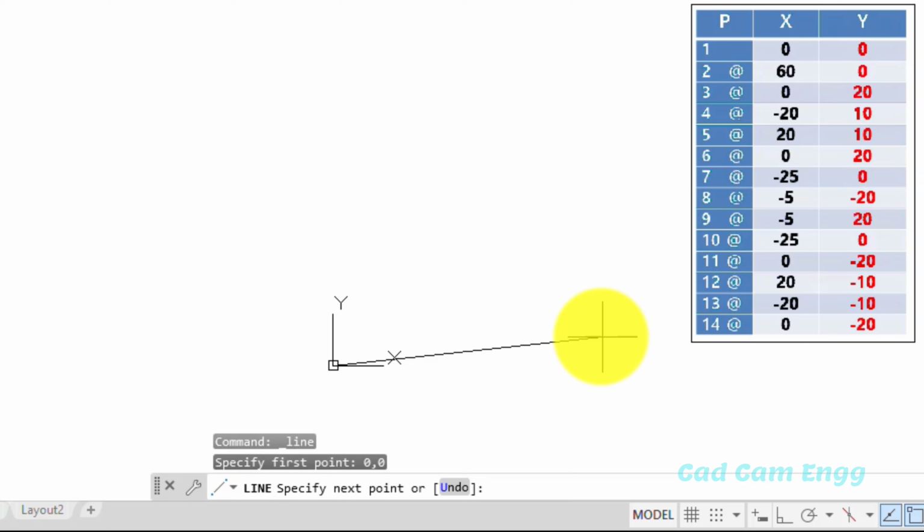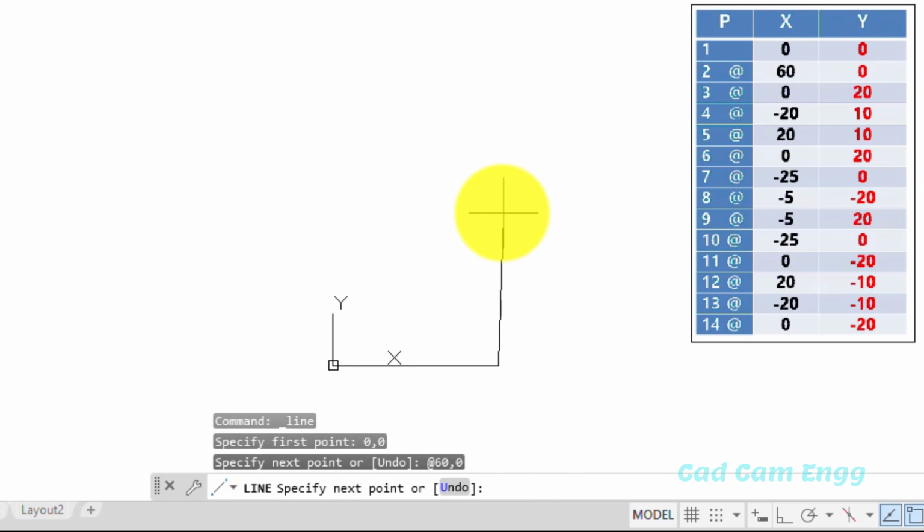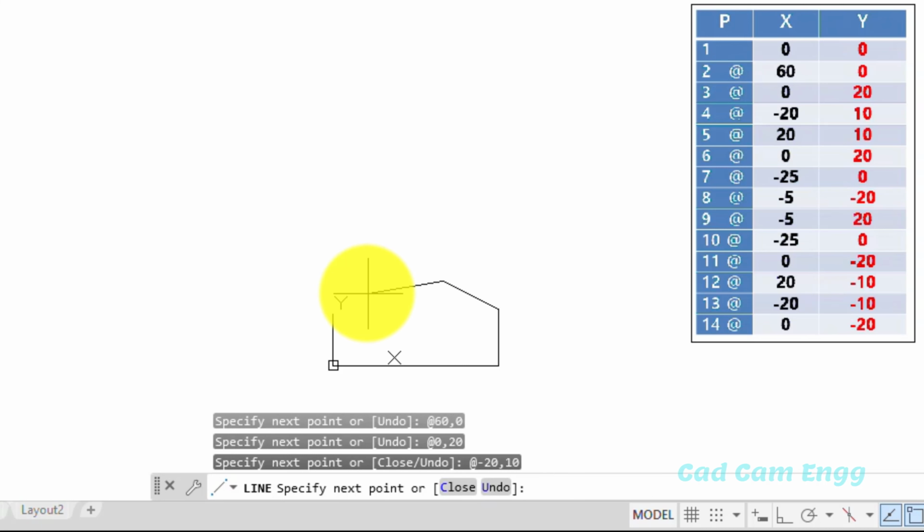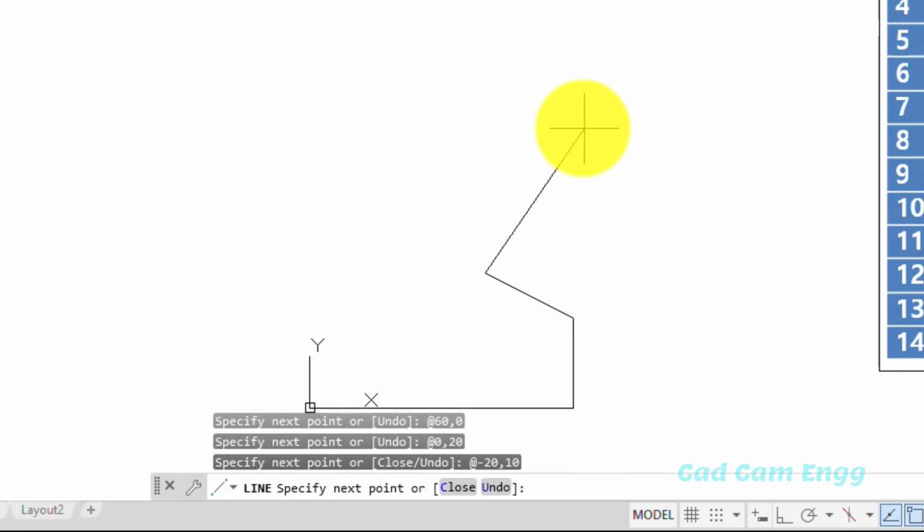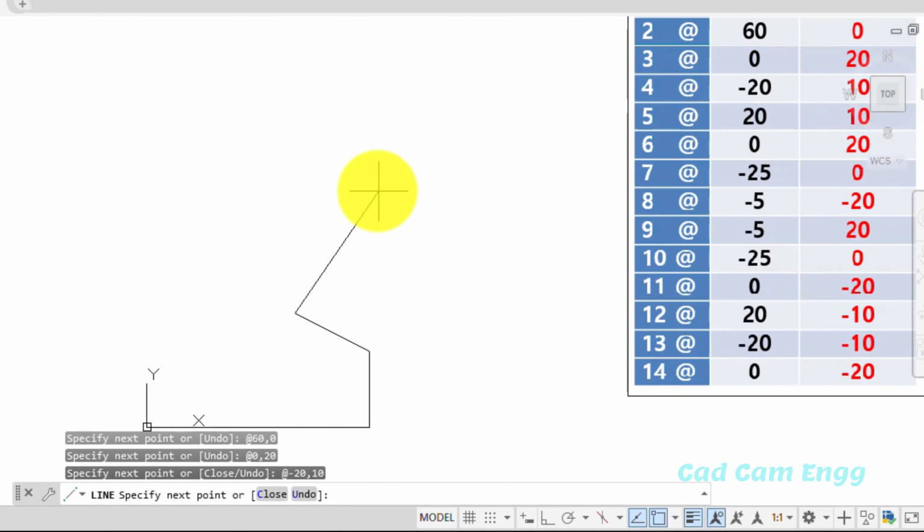The next point we use the @ symbol, then 60, 0. Now I get this line. Next, point number 3: @ 0, 20. Point number 4: @ minus 20, 10. See, now we get that inclined line. Next, @ 20, 10.